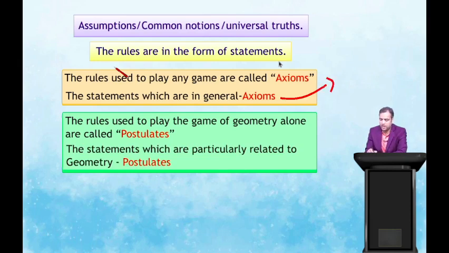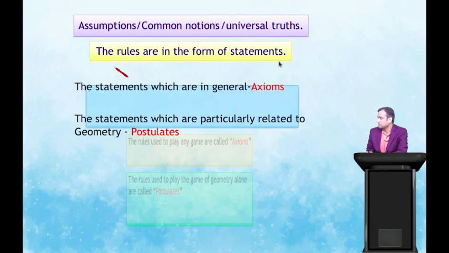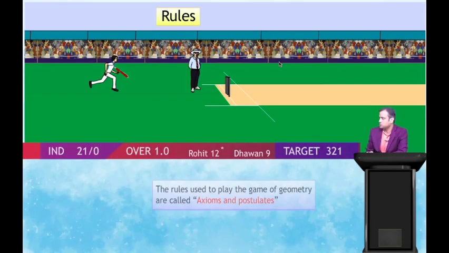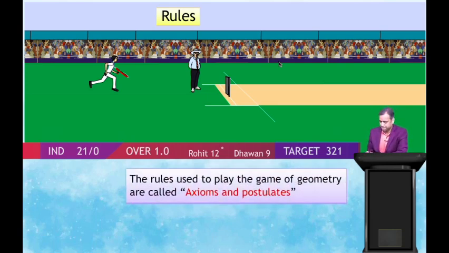Axioms may be related to any branch of mathematics, for example algebra, geometry, arithmetic, but statements which are particularly related to geometry are called postulates. So the rules used to play the game of geometry are called axioms and postulates.